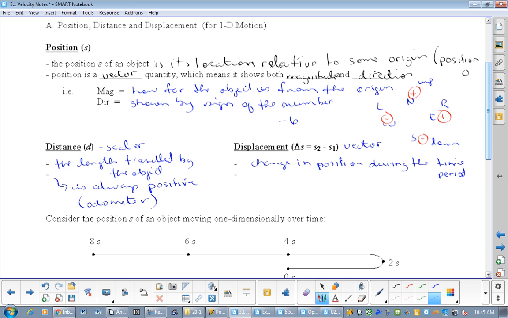So it is the straight line distance from start to finish. And again, it's a vector quantity.